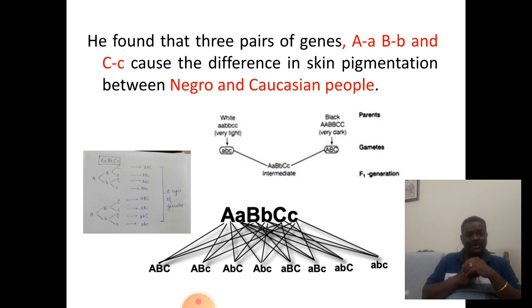Students, remember, when these intermediate individuals are self-crossed, the genotype representation of mulatto is capital A small a, capital B small b, capital C small c. When we find this kind of genotype, how are we going to represent the gametes?